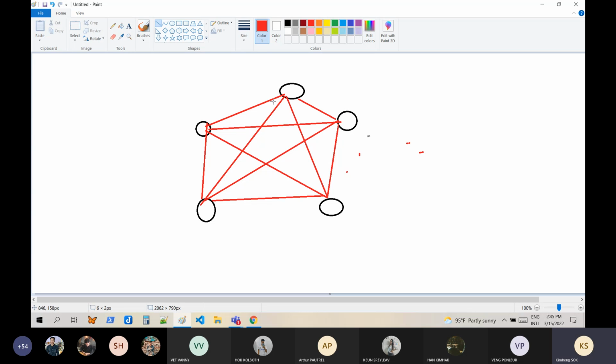If I have only 3 computers, they need to communicate like this: this one needs to talk to the other two, and so on for each one.